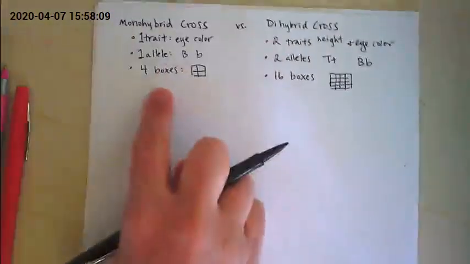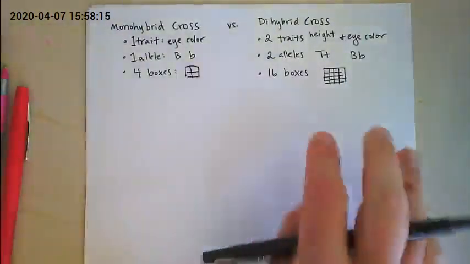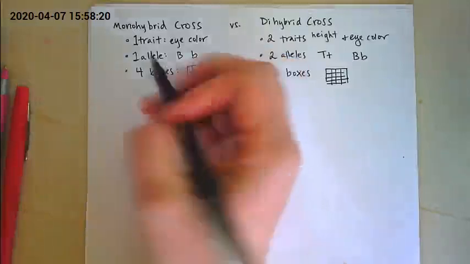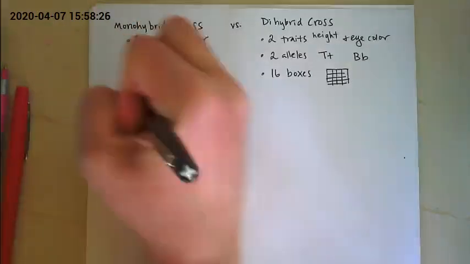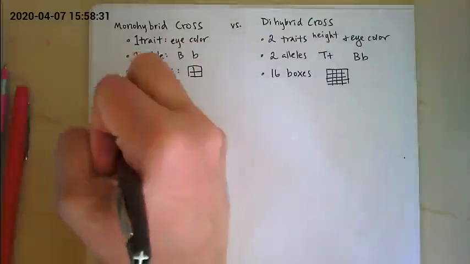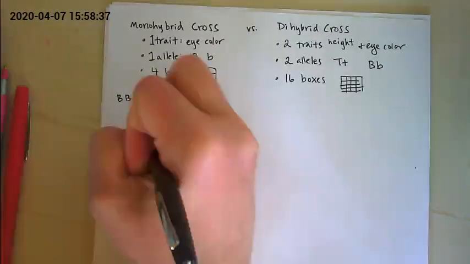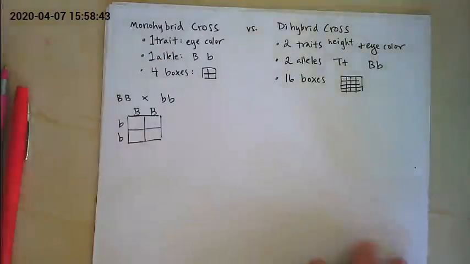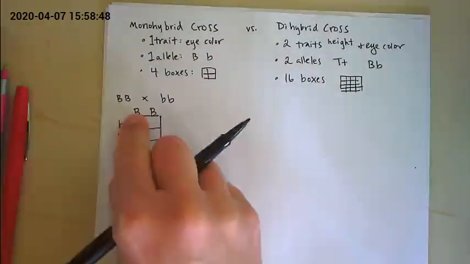Let's do a monohybrid cross just to refresh our memory. First we'll show you what a dihybrid looks like, and then we're going to write down all the steps on how we did this cross. For a monohybrid cross, let's say we have a homozygous dominant brown-eyed person crossed with a homozygous recessive blue-eyed person. We draw our classic 4-box Punnett square. Because of the law of segregation, the alleles segregate, they separate, and they form the sex cells.